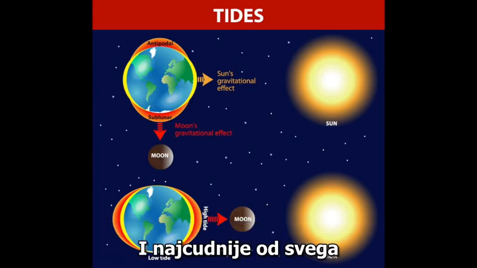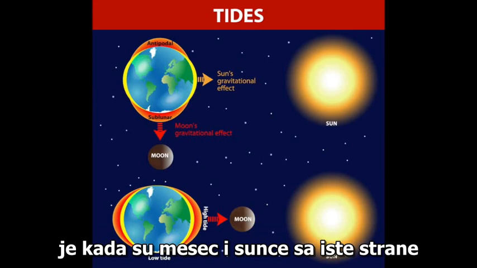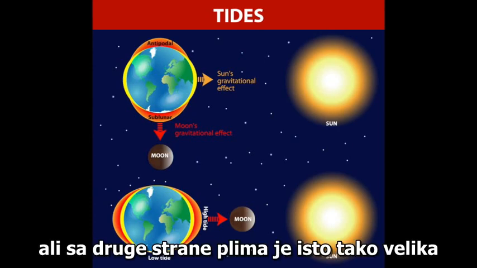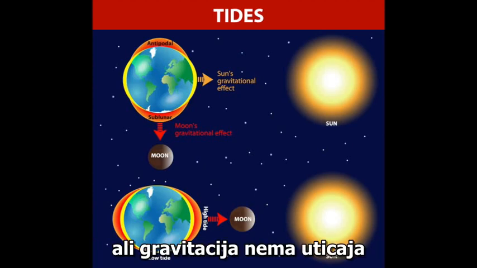And then what's the strangest of all is that when the moon and the sun are on the same side, their gravitational pull is tugging on that water. But then on the other side, the tide is just as big, but there's no gravitational pull.